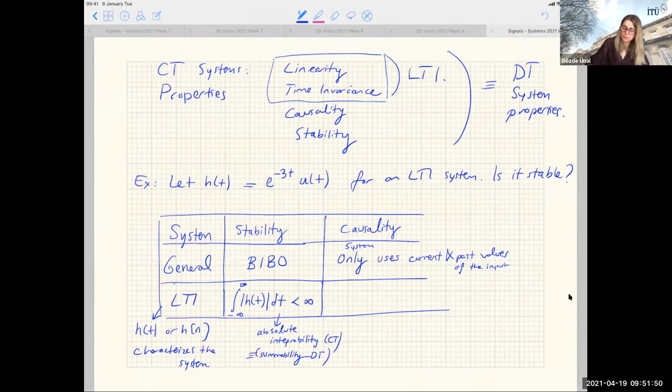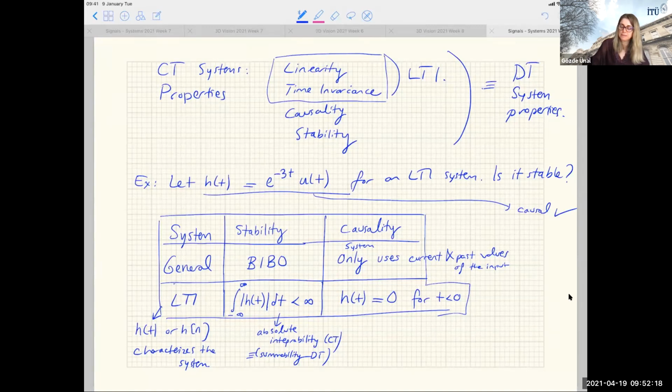What else? Causality we showed last time for discrete time systems. It's the same thing for continuous time: h of t should be 0 for t less than 0. Then I know it's a causal system. So for instance, from this table, h of t equals e to the minus t u of t is causal, right?